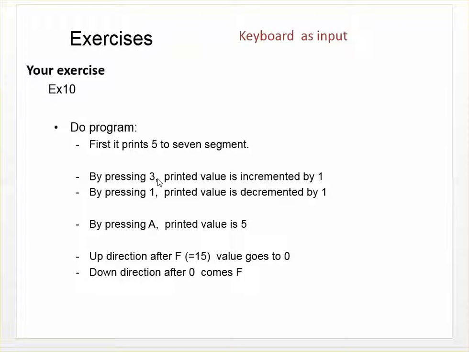So with buttons 3 and 1, we can increase or decrease the number in the display. If we press A, the number goes back to 5. If we try to go over our display resolution, which is hexadecimal F equals 15, then we start again with 0. And in the other direction, after 0, we come back to F.